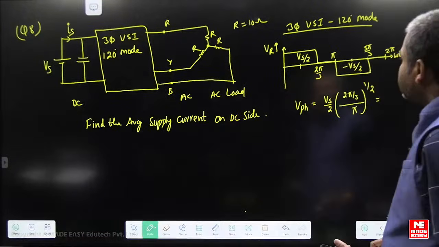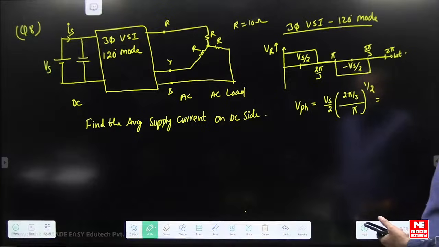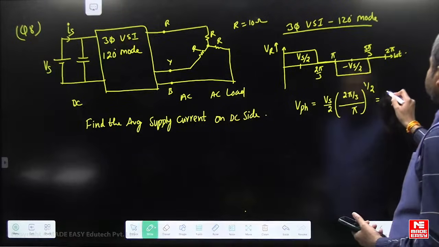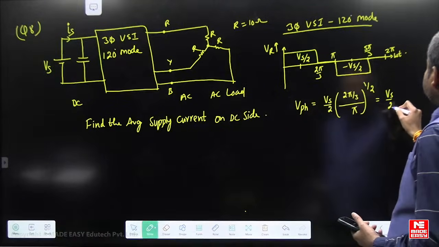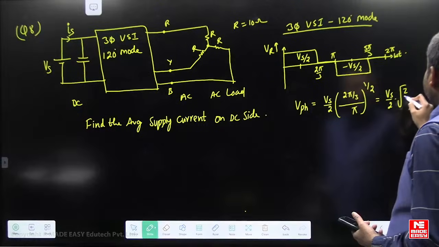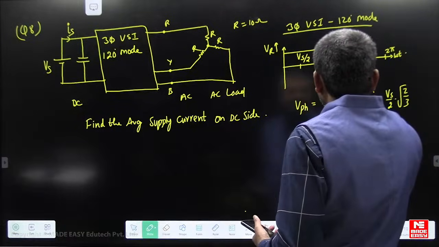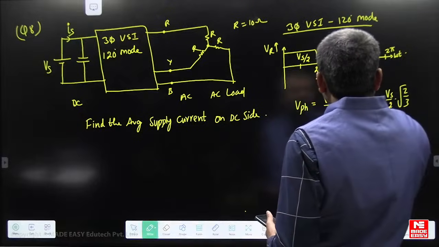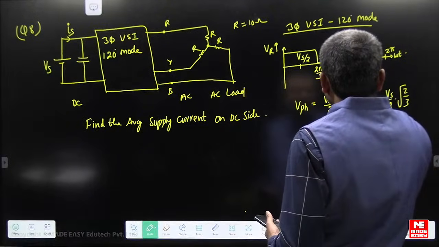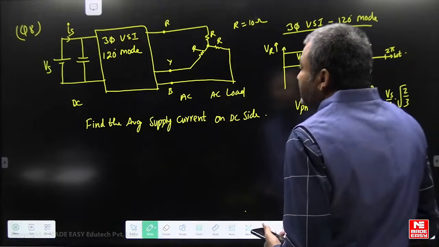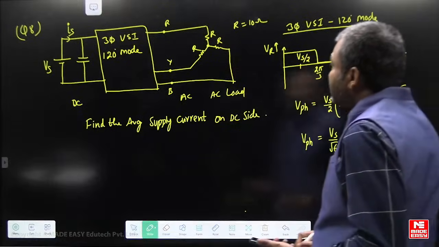That is the RMS value of phase voltage. So it is Vs by 2 into square root of 2 by 3. Root 2 gets cancelled, so phase voltage RMS is Vs by root 6.